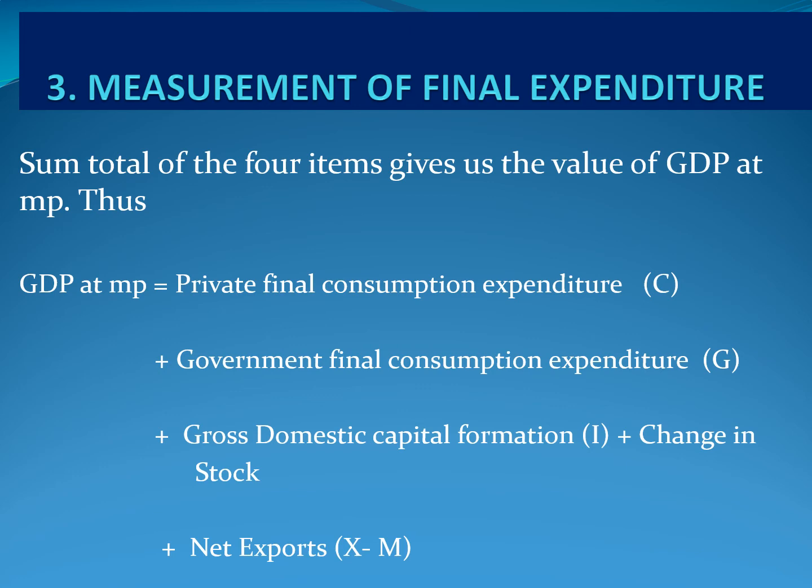So, GDP at MP is equal to private final consumption expenditure, that is C, plus government final consumption expenditure, that is G, plus gross domestic capital formation, that is I, plus change in stock, that is inventory investment, plus net exports. So we say GDP at MP is equal to C plus G plus I plus X minus M.